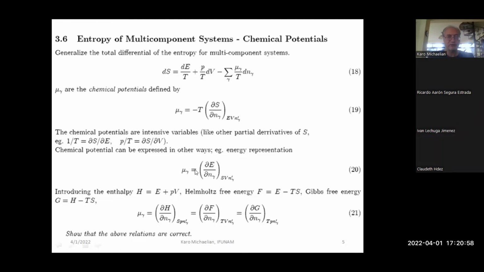In that case, we can write the chemical potentials as partial E, the internal energy, with respect to the variation in the number of moles of substance gamma, holding the entropy, the volume, and all the other mole numbers constant. And we can also introduce the enthalpy, which is the internal energy plus the pressure times the volume, or the Helmholtz free energy, which is the energy minus the temperature times the entropy.